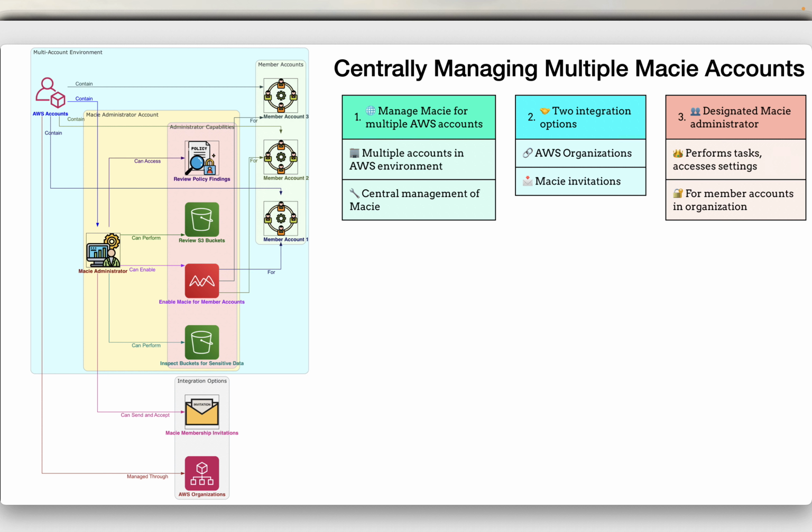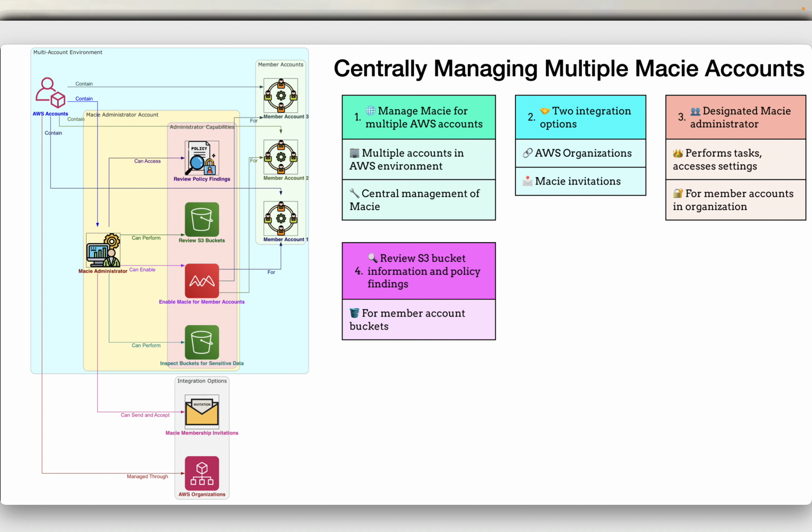In a multiple account configuration, a designated Macie administrator can perform certain tasks and access certain Macie findings, settings, data, and resources for accounts that are members of the same organization. Tasks for the Macie administrator include reviewing information about S3 buckets that are owned by member accounts and reviewing policy findings for those buckets.